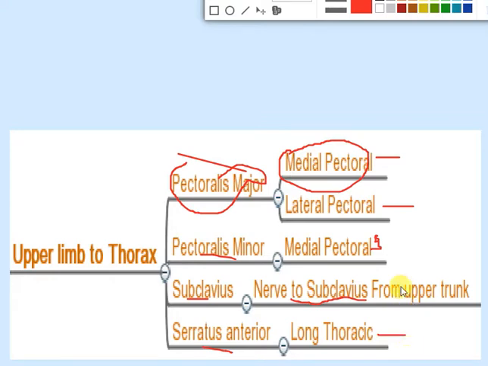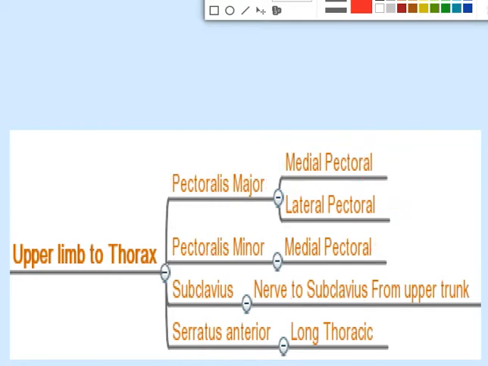It is very important to know about this because sometimes you are asked about the innervation of the muscles. If you don't know, it will be very difficult for you to understand the different innervations of the muscles. So we have pectoralis major, pectoralis minor, subclavius, and serratus anterior, connecting the upper limb to the thorax.